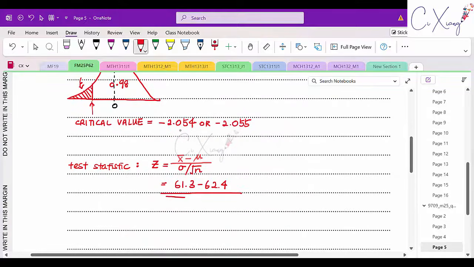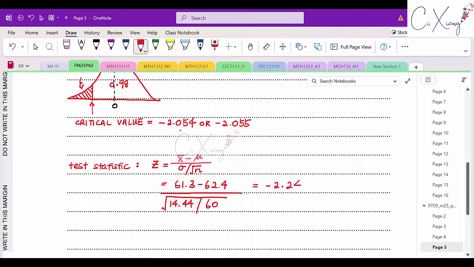So to make it become standard deviation, of course, you have to square root it. So square root of the population variance, then divided by the sample size 60. Then try to calculate the value carefully. By right, you should be having negative 2.242. Alright, so that's the third step.